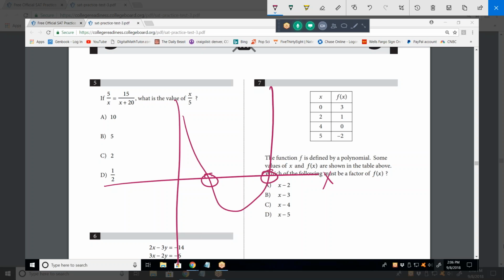In this particular function they're giving us, we don't know whether it's linear, quadratic, cubic, whatever. Could be any of them. We don't really care. The point we want to find is where f of x is equal to 0. That comes when x is 4. That means x minus 4 has to be one of the factors.